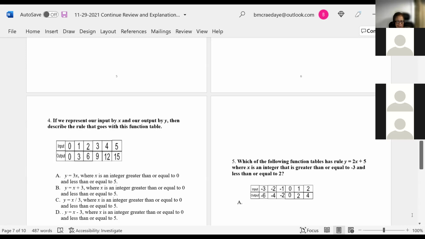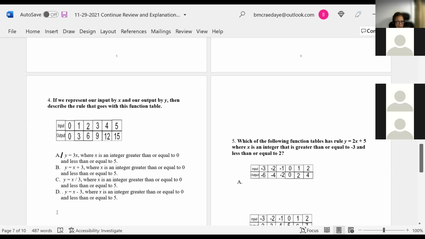So an answer A. You see that, Audrey? You see why it's A? Yes. Because if you apply Y equal 3X to every X value, you will get the Y value that's in the table, right?